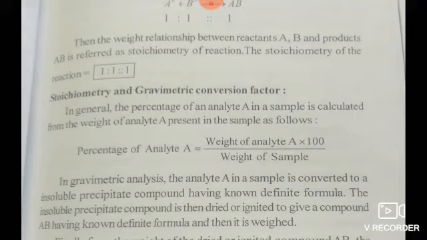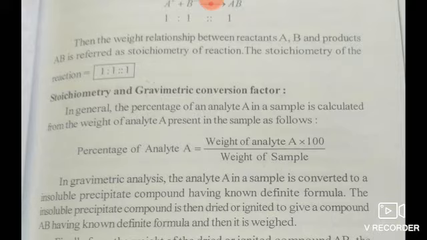Then the weight relationship between the reactants and the product AB is referred to as the stoichiometry of the reaction. So the stoichiometry of the reaction is 1:1. 1:1 means one part of A plus reacts with one part of B to form the same proportion, that is AB.